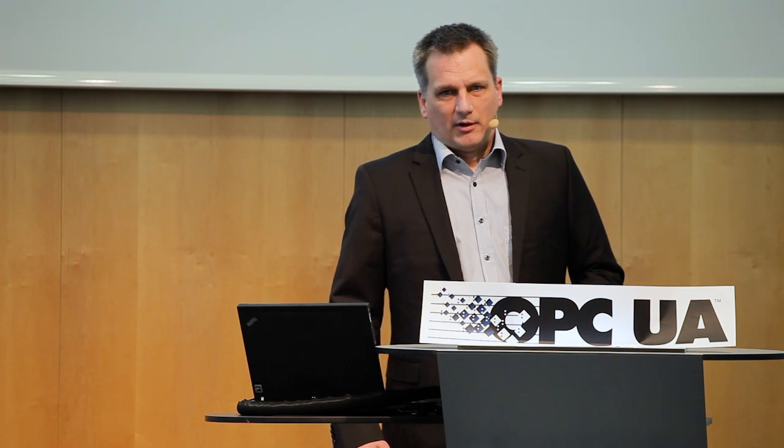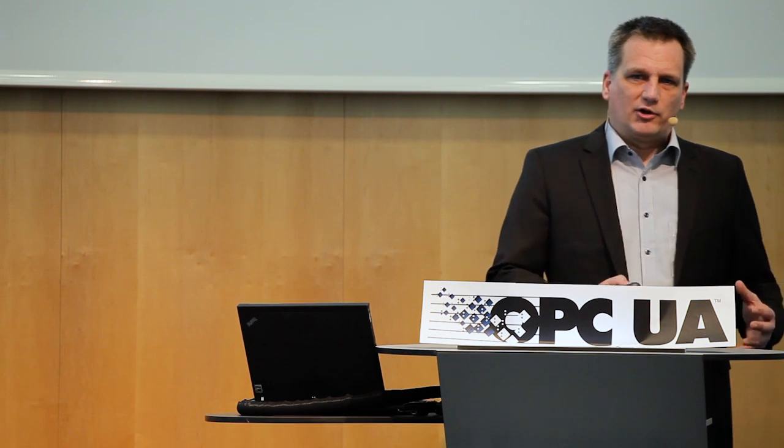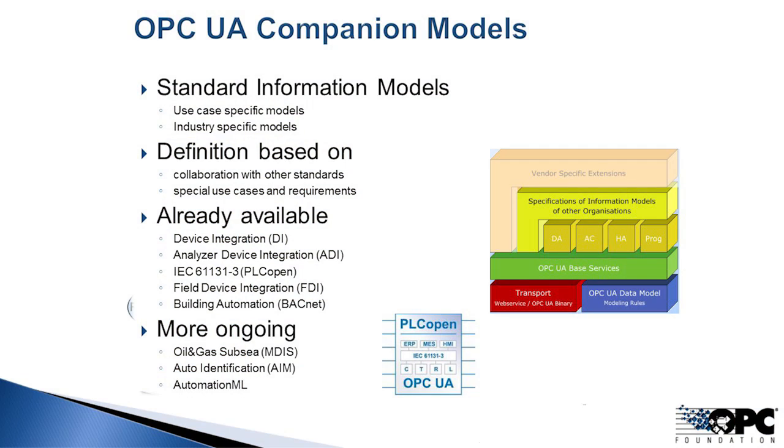On top of that, we have companion models. Other standardization organizations use OPC technology, and they just describe their data in a companion specification. They describe it in an OPC UA way of describing data. And you can do that on top of the standard models that are already defined by the OPC Foundation, but you can also do it directly.